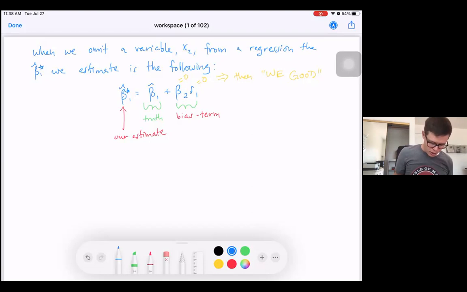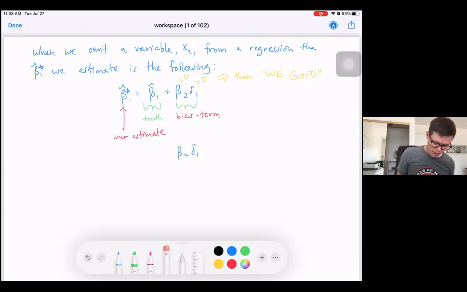So then the other thing that we'll see in an example is that because the bias is the product of beta 2 times delta 1, we can say something about what kind of bias our estimate has.